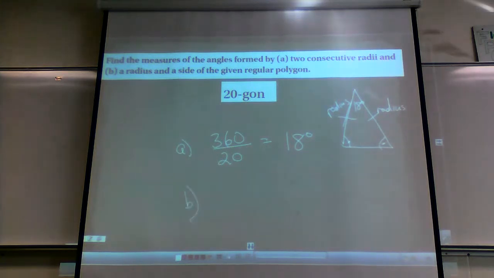So if I wanted to do B, I would just take the number I found in part A, subtract it from 180, and then cut it in half. So what's 180 minus 18? 162. And then you would cut that in half because they're both the same.